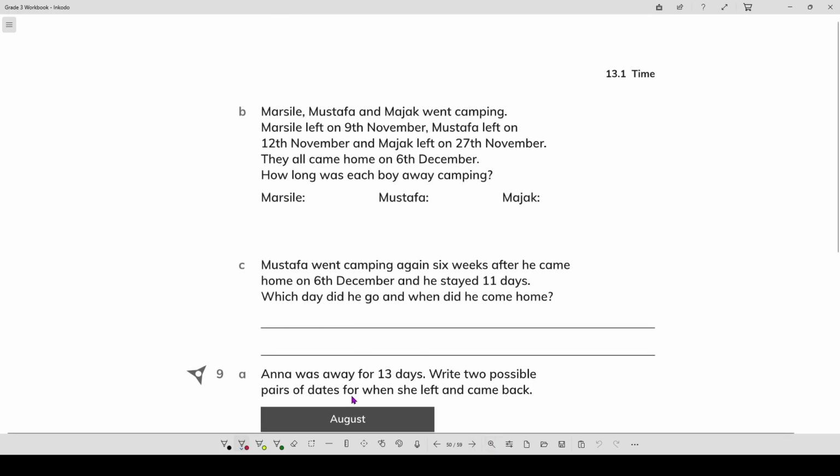Number B. Marcel, Mustafa and Marjuk went camping. Marcel left 9th November, Mustafa left on 12th November, and Marjuk left 27th November. They all came home 6th December. How long was each boy away camping?